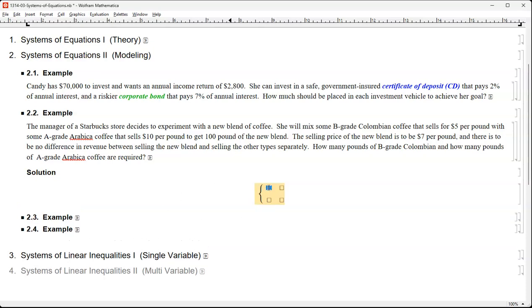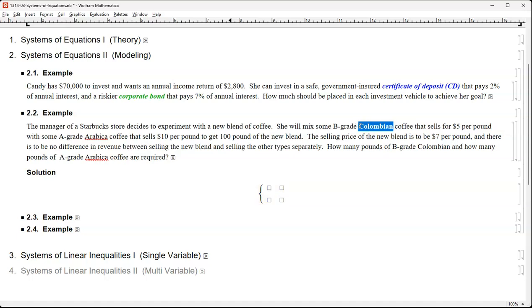So let's say X is Colombian and then Y is Arabica. Oops, same color. Okay, all right.